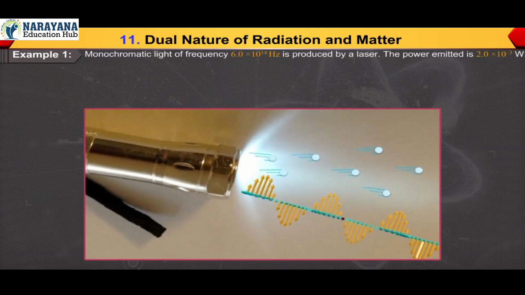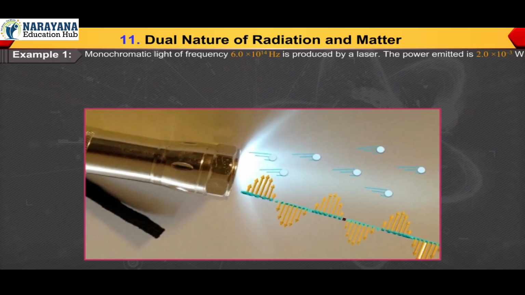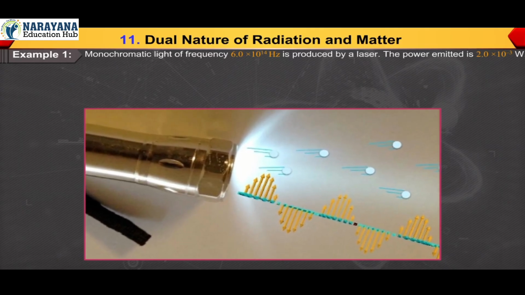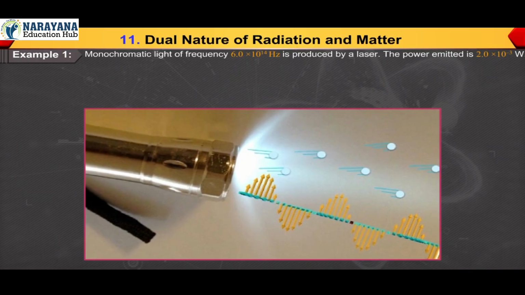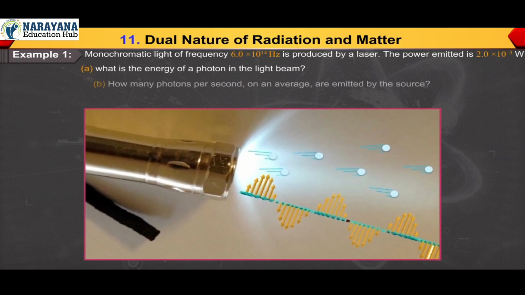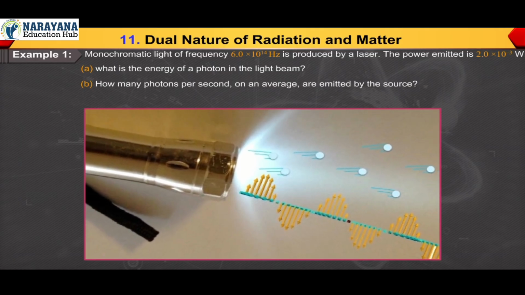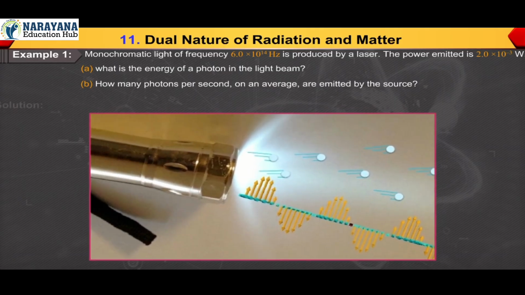Example 1. Monochromatic light of frequency 6.0 × 10^14 Hz is produced by a laser. The power emitted is 2.0 × 10^-3 watt. A. What is the energy of a photon in the light beam? B. How many photons per second on an average are emitted by the source?